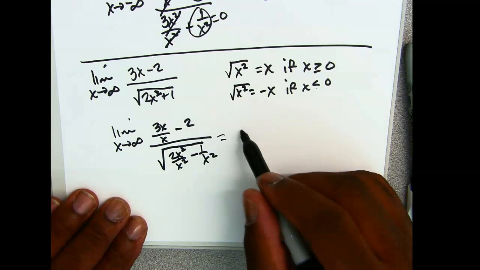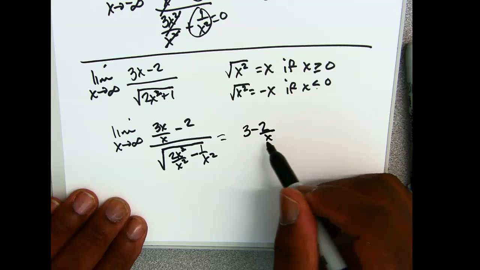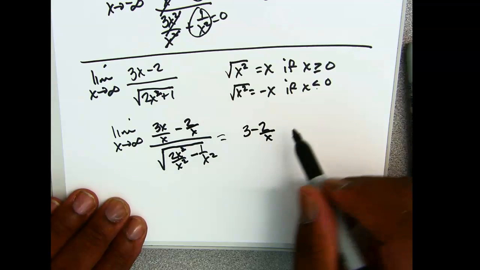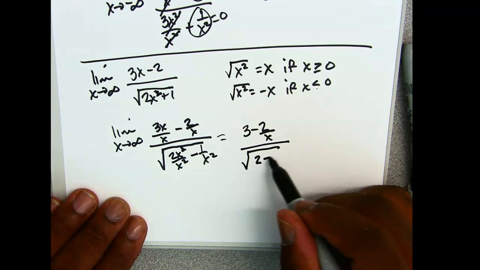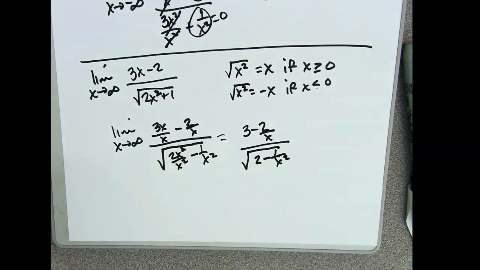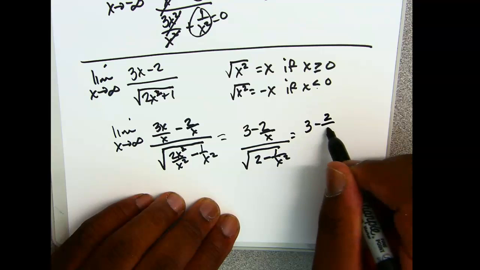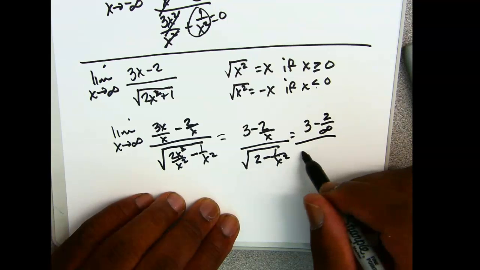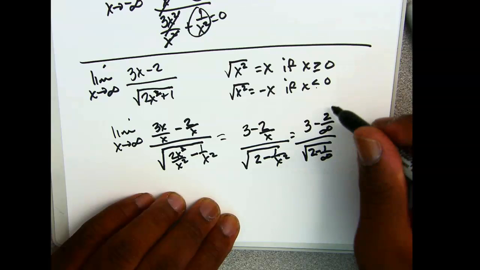So that gives us 3 minus 2 over x, divided by the square root of 2 minus 1 over x squared. Now when we evaluate this and we take the limit as x goes to infinity, you're going to get 3 minus 2 over infinity, square root of 2 minus 1 over infinity.